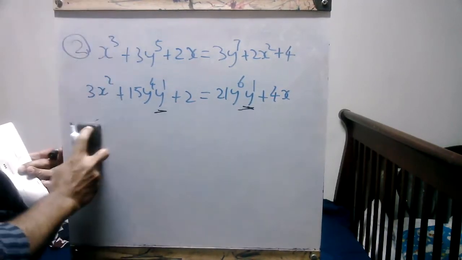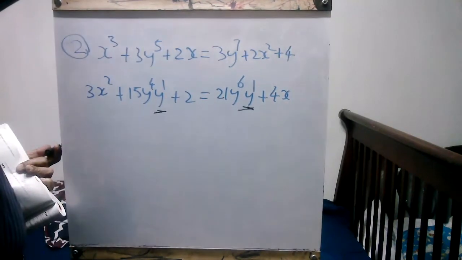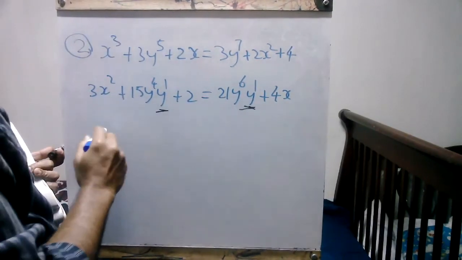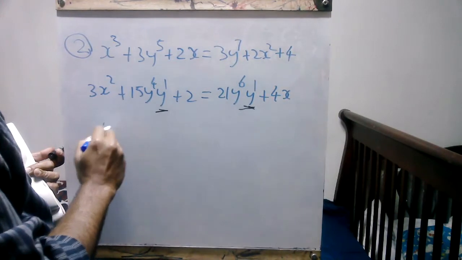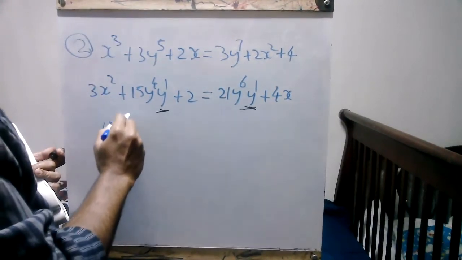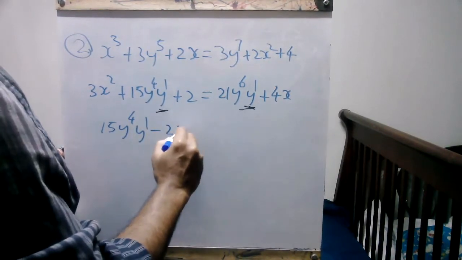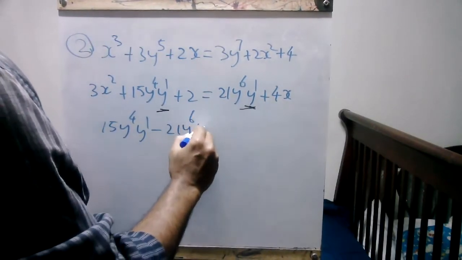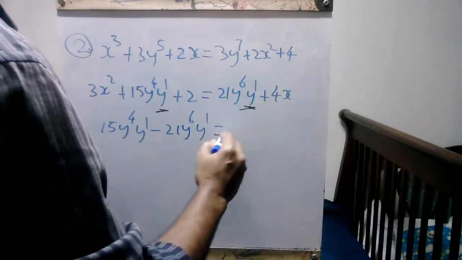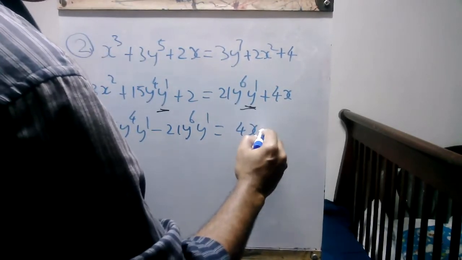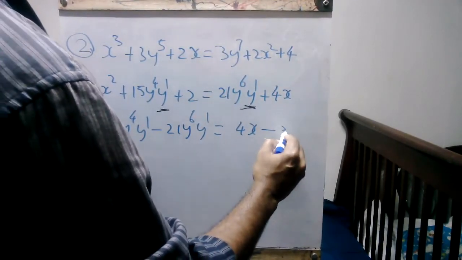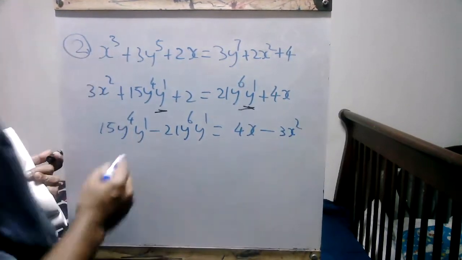Let's do it one more step. 15y to the 4 y prime minus 21y to the 6 y prime equals 4x minus 3x squared.